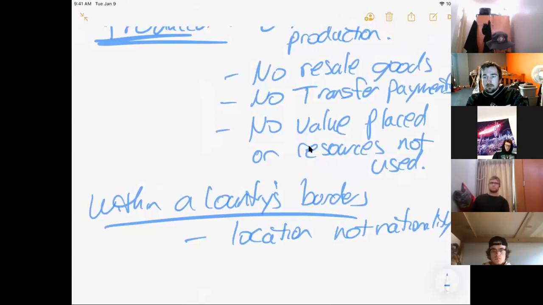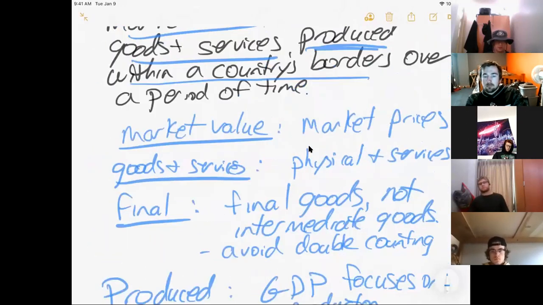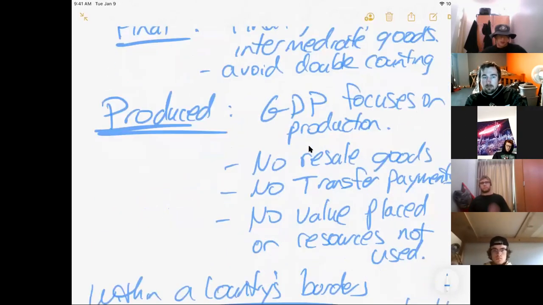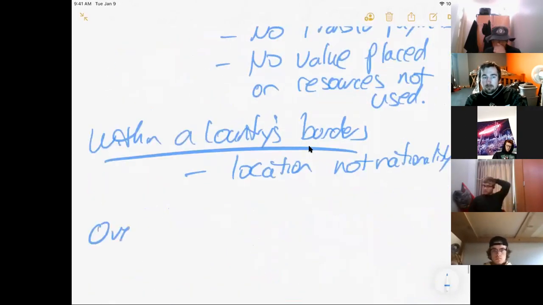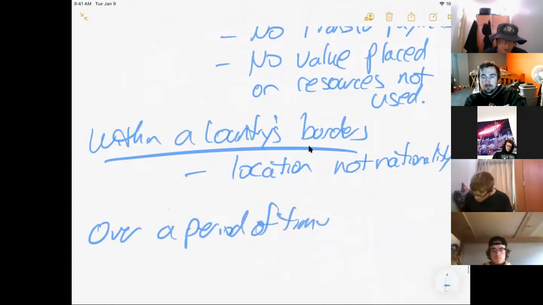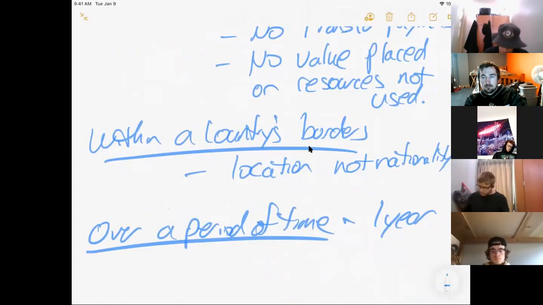But for right now, the most important thing to know is only location matters. Nationality does not matter. And then finally, the last part of this, over a period of time. Usually we think about GDP per year, so it's the amount of goods and services produced within a period of time.